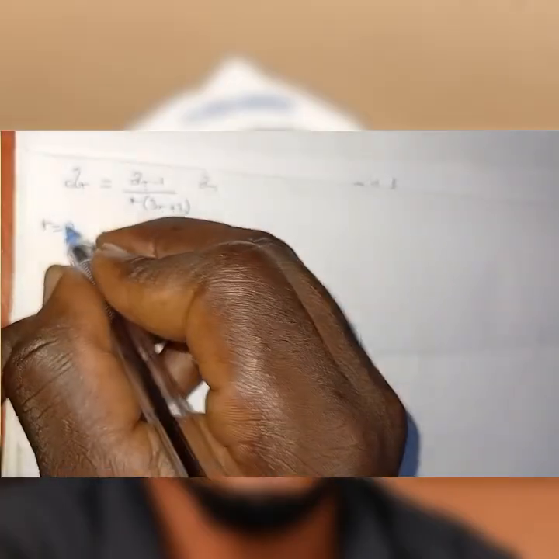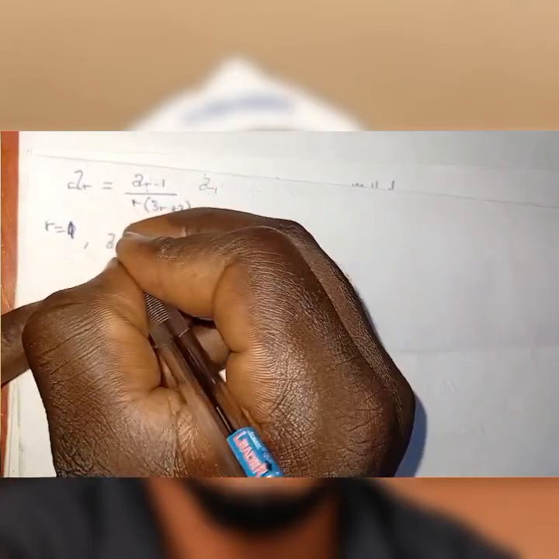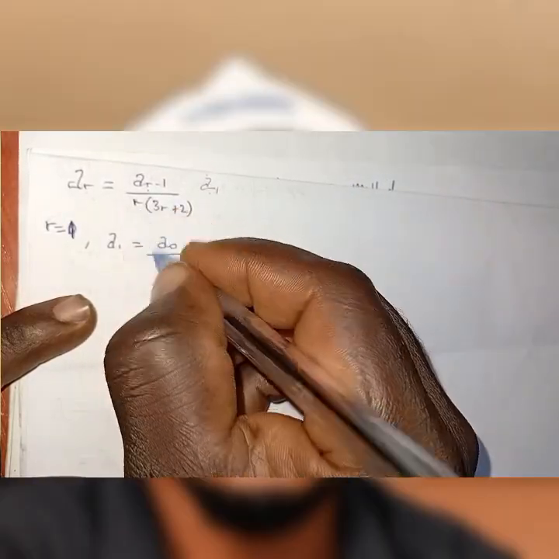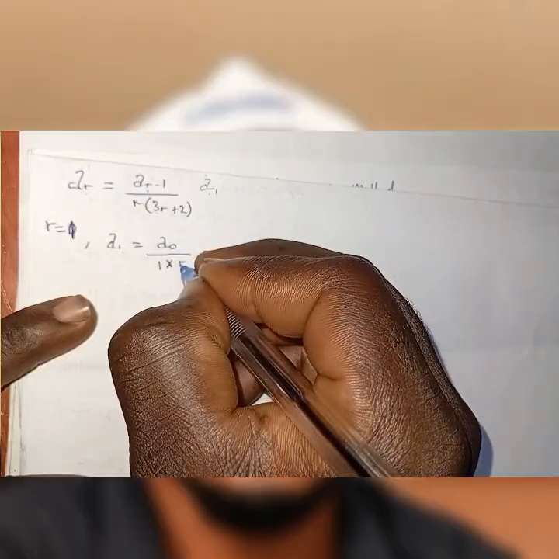So you're going to start with r equals to 1. So we have a_1 equals a_0 over, this will be 1 multiplied by 5, right?